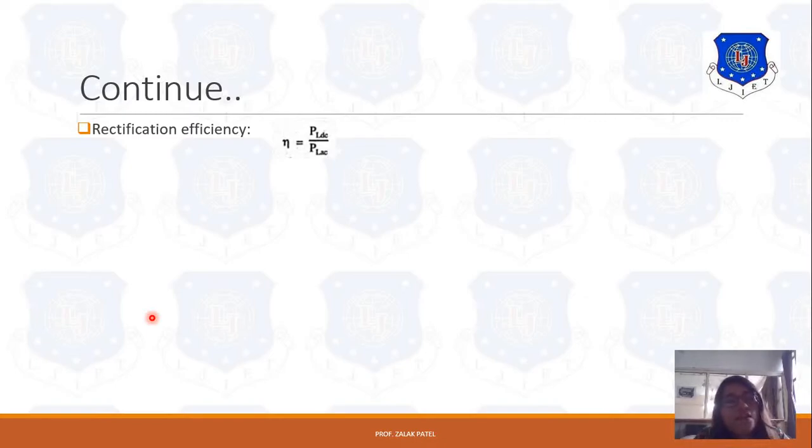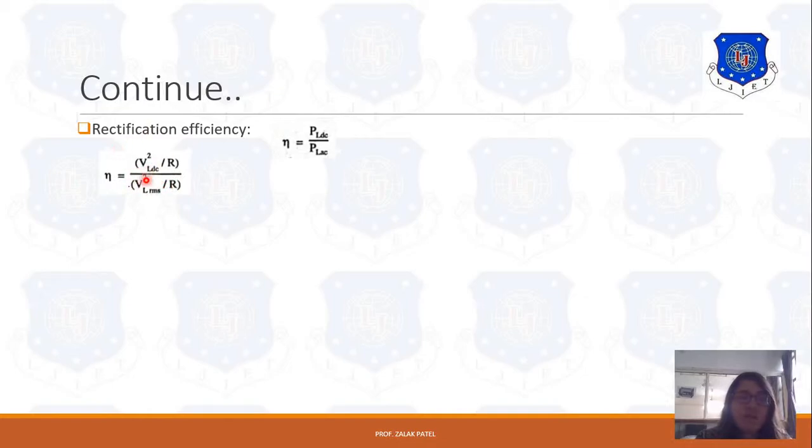That is the amount of rectification, and if it is expressed in percentage form, then it is rectification efficiency. So eta is equal to VL DC square upon R over AC power. Again, AC power is converted into the RMS term, so over here VL RMS square upon R will be taken.